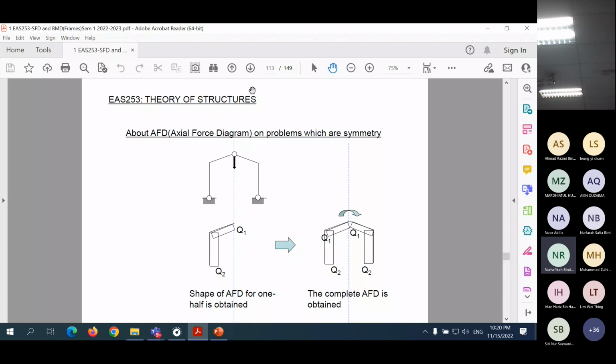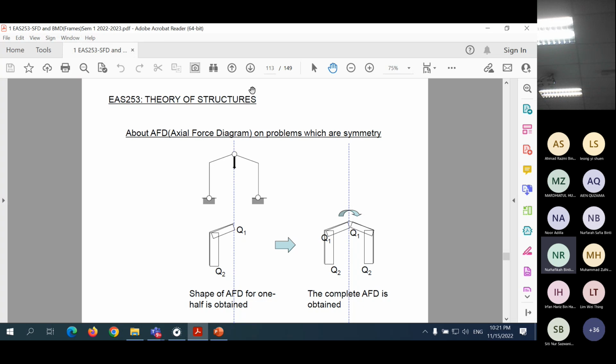If the problem is symmetry, then you draw only one side, look at the axis of symmetry, then you flip to the other side, and you get the complete axial force diagram. Whatever is positive here is also positive on the other side, and whatever is negative here is also negative on the other side. So it is similar to the characteristics of the bending moment diagram for symmetry problems.